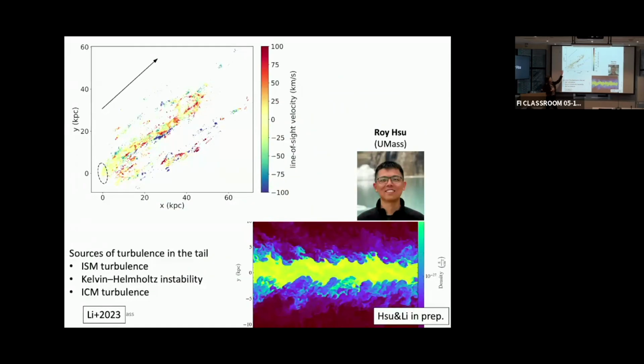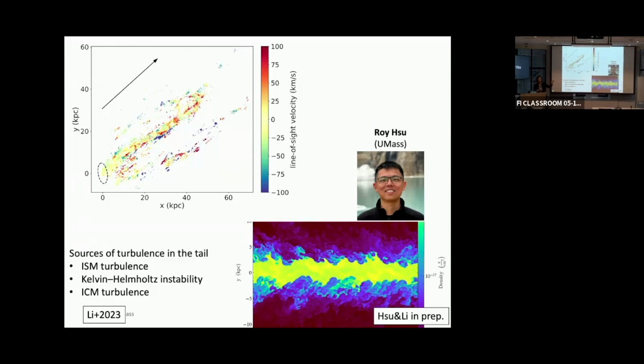The rotation actually gradually declines and disappears as you move further down the stream. We can remove that and just look at the residual velocities, right? And that looks kind of like turbulence, right? And you do expect this gas to be turbulent for many reasons. One, this is stripped ISM.